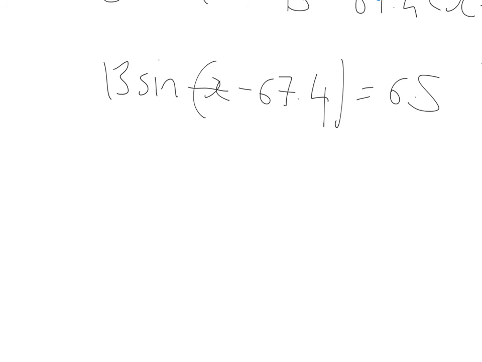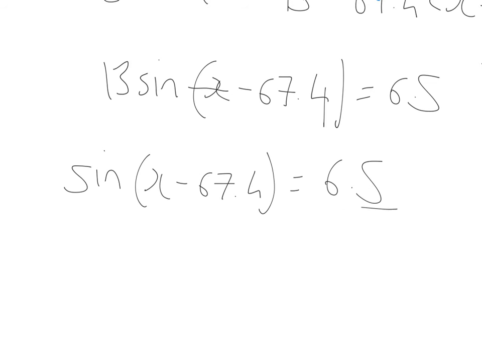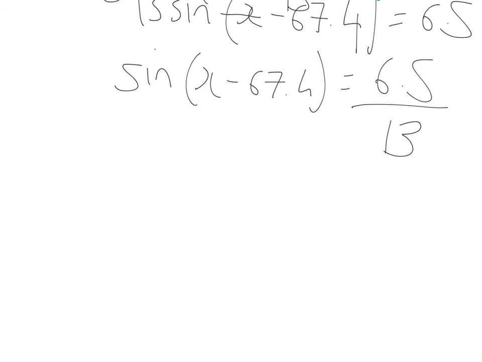Okay, so I'm ready to start proceeding with the question. So sin (x minus 67.4) is equal to 6.5 divided by 13. So that cancels quite nicely. That's sin (x minus 67.4) is equal to 1/2.